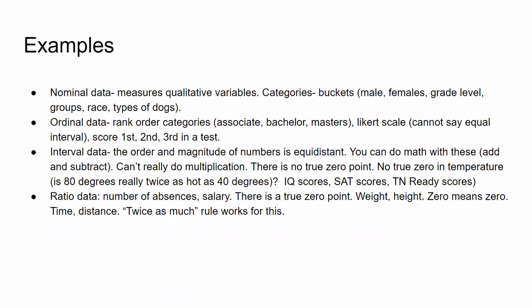So with this type of data, there are not equal intervals between the numbers. For example, between first place and second place, like if you're running a race, there may be a 10-second difference, but between second place and third place, there may be a 40-second difference. So the intervals are not equal.